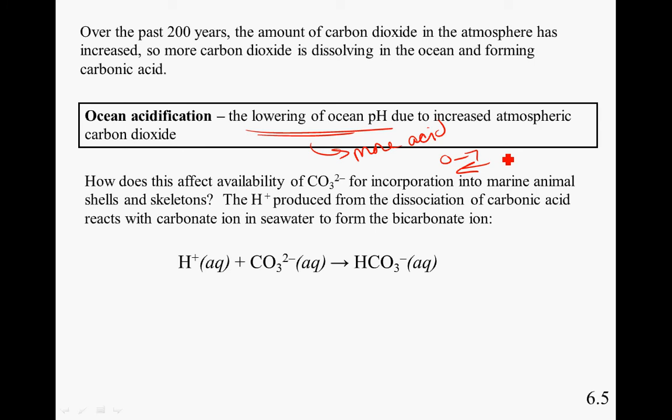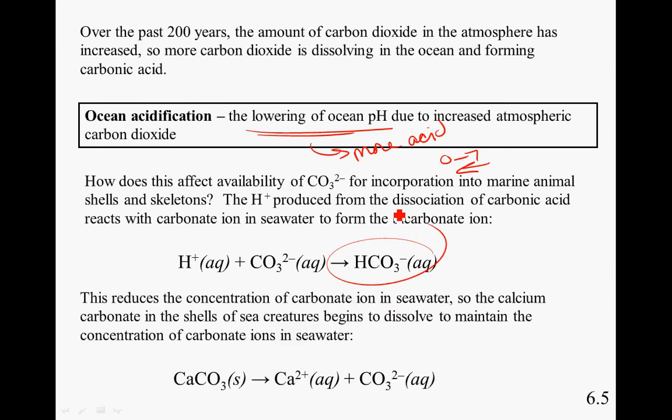Many species such as mollusks and coral use calcium carbonate to form their shells. How does this ocean acidification affect availability of carbonate for incorporation into marine animal shells and skeletons? The H+ produced from the dissociation of carbonic acid reacts with the carbonate in the seawater to form bicarbonate ion.